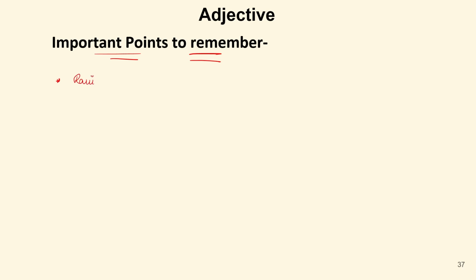Ravi is senior and taller than Rohit. Now, here we are talking about two persons, that is Ravi and Rohit.